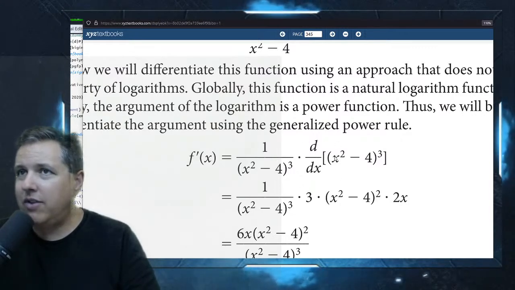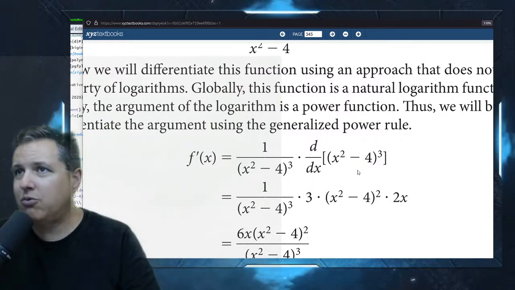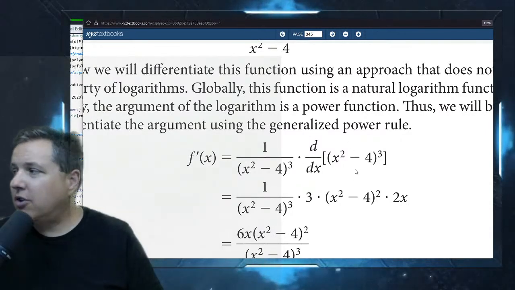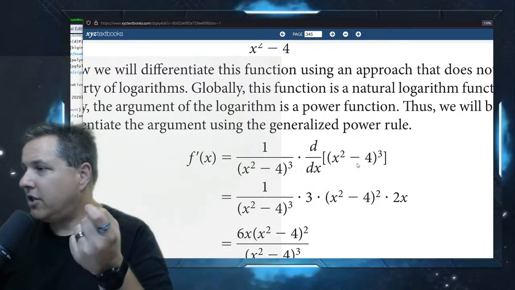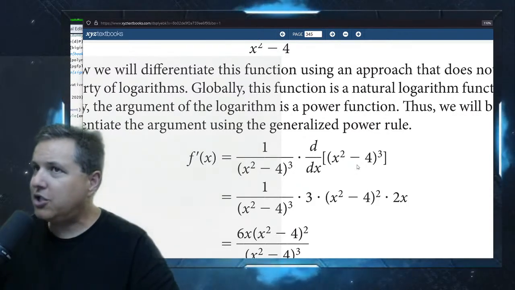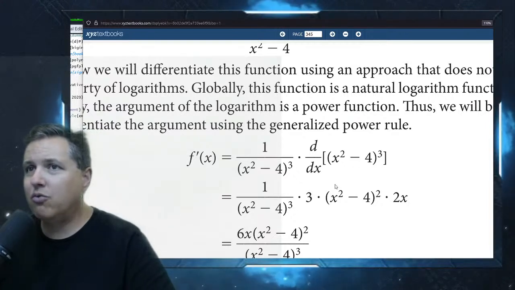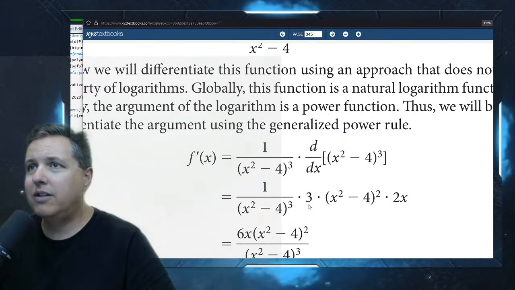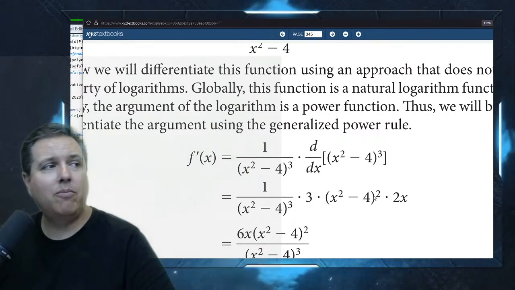So we take the derivative of the inner function, which is x squared minus 4 cubed. But in order to take the derivative of that, you have to use the chain rule again. So this is leaving it as that 3-step composition. So when we take the derivative with respect to that piece, the 3 comes down in front. We decrease the exponent by 1.